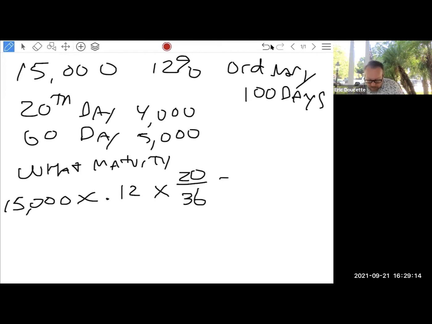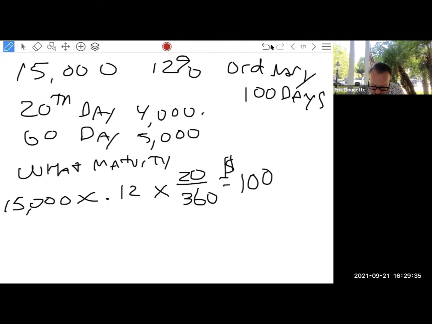That's going to give me my interest for the first period. So 15,000 times 0.12, that's 12%, times 20 divided by 360 equals 100. So she had $100 of interest.